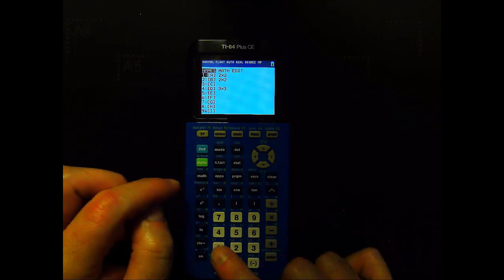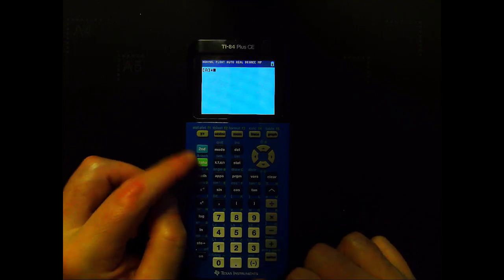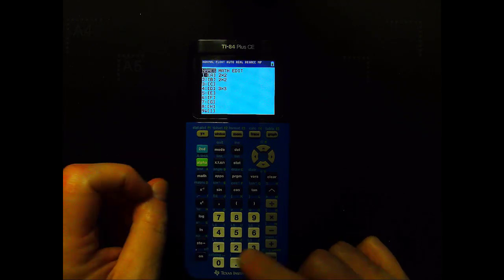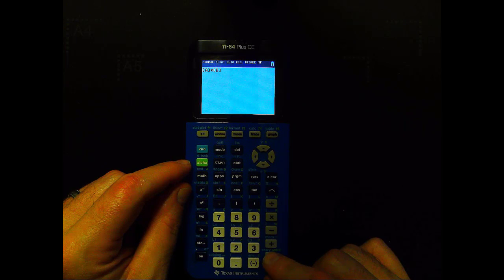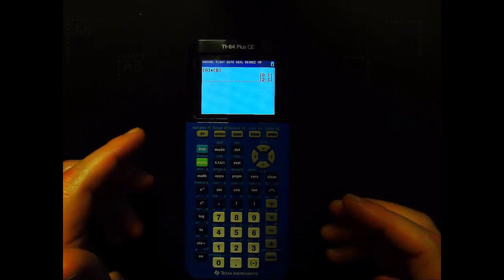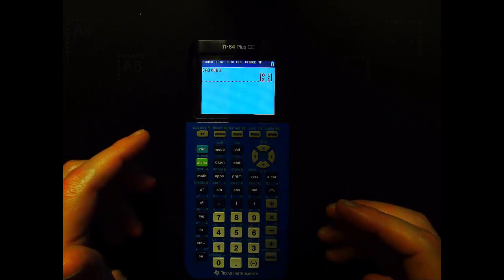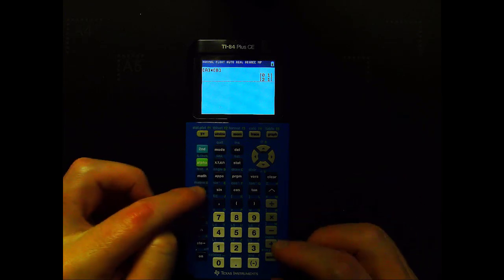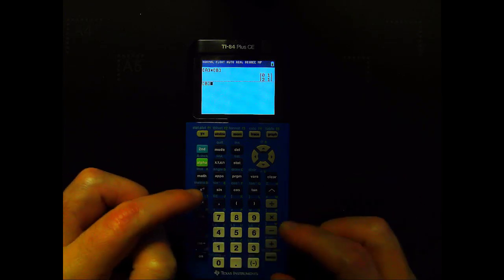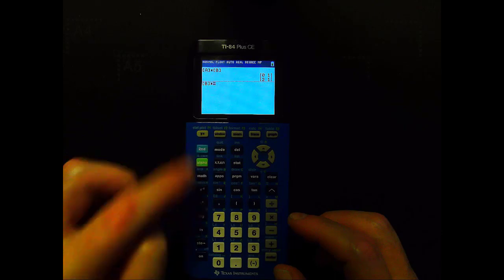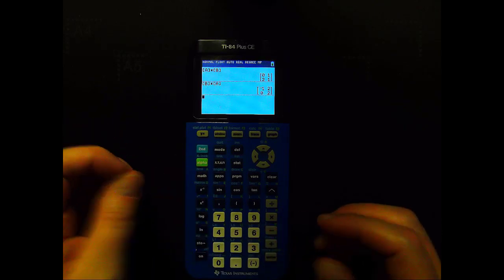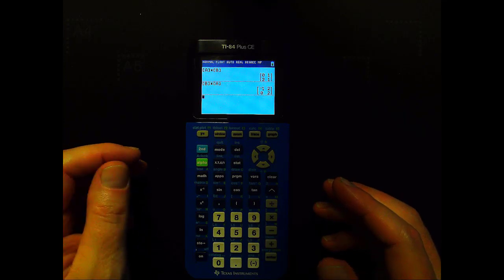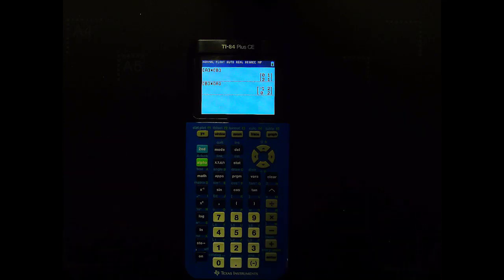So now let's multiply matrix A times matrix B. Just hit enter and you've got it. That's matrix A times matrix B. But let's suppose I want to do matrix B times matrix A. Note I get something totally different. A times B is not the same as B times A.